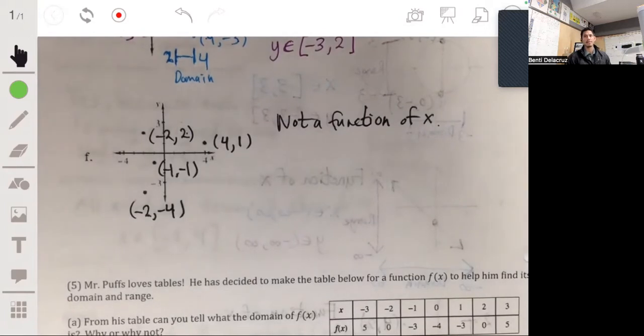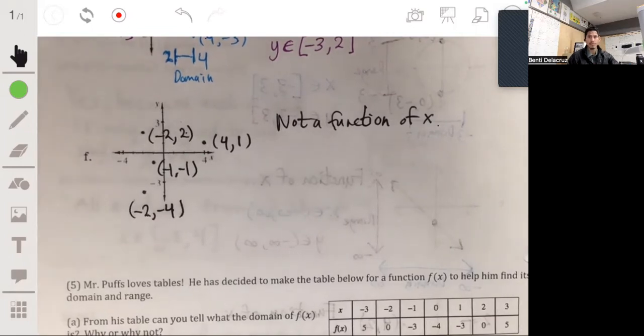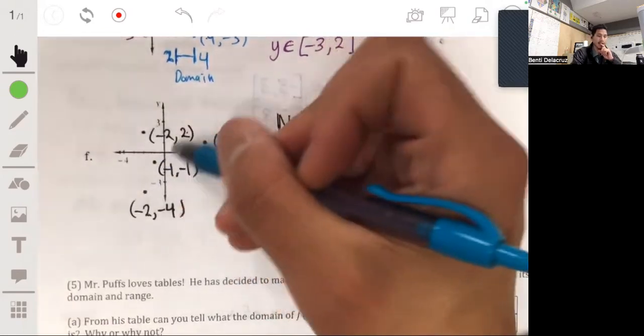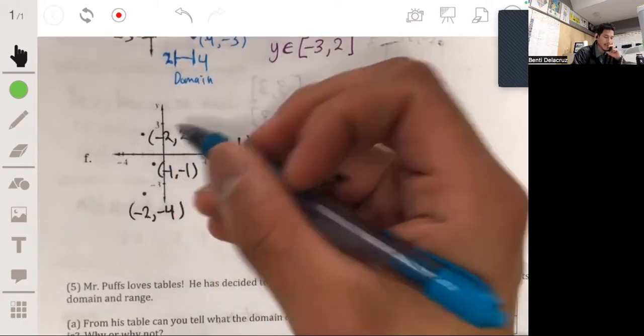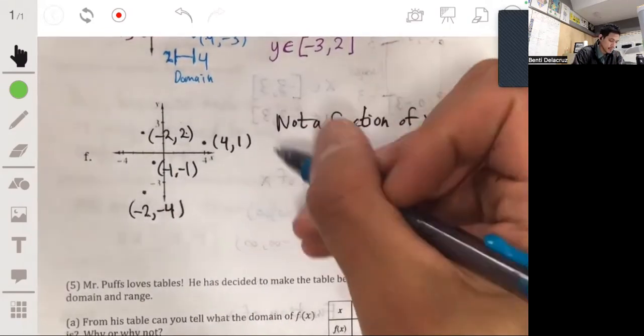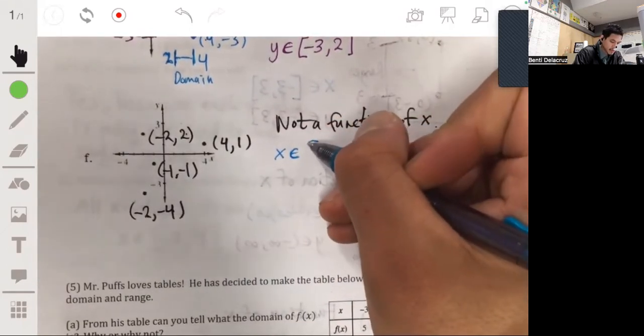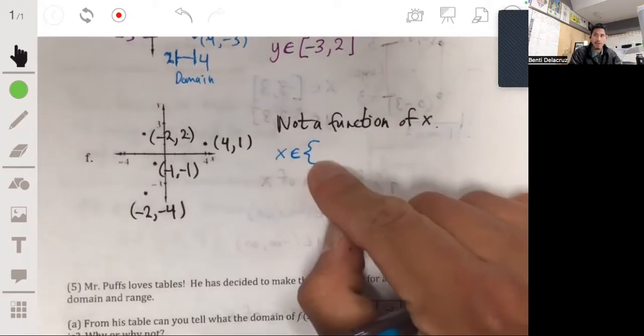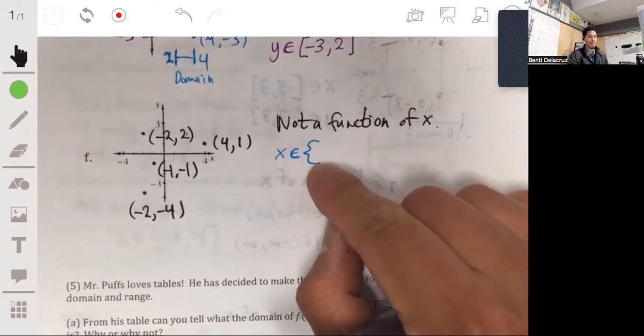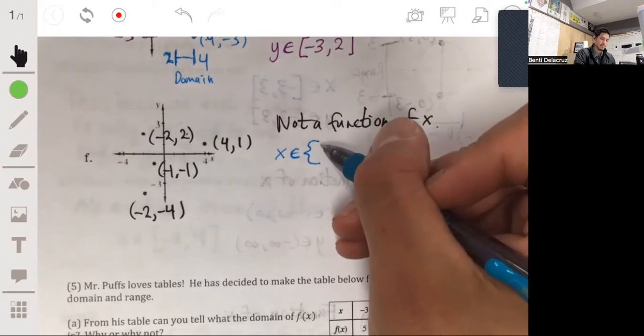And now let's write the domain and range. So remember, the domain is a set of x values, and we're not going to write it as an interval because you have gaps between the points. You don't have a continuous line. So instead, you're going to write it in set notation. So we use these Batman symbols, I like to call them, but they're formally called braces. They take practice, I make it look easy, but students struggle with this.